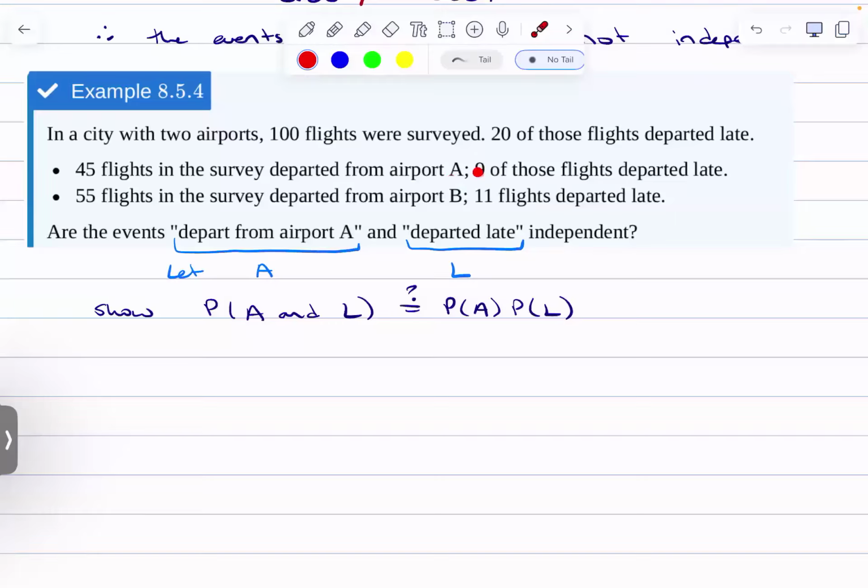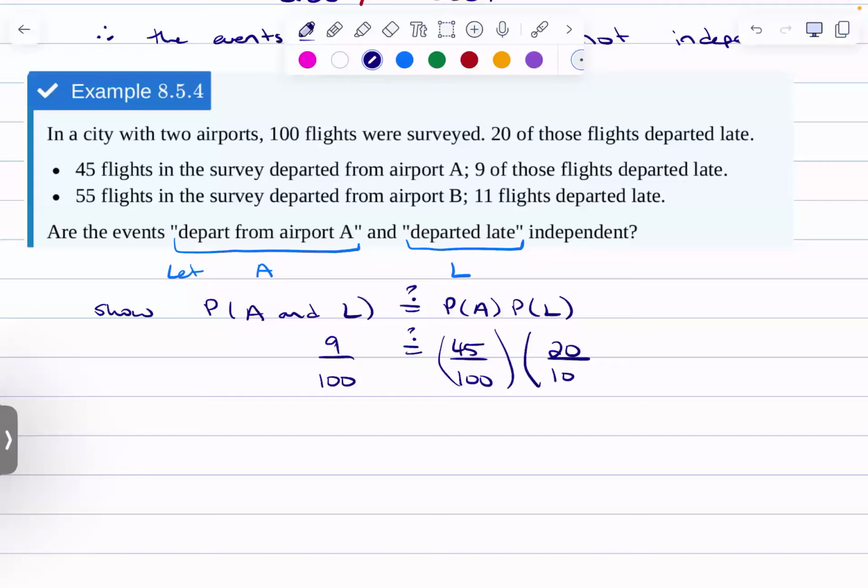And so 9 out of 100 of those flights were A and L. The probability of A is a little bit easier, right? 45 out of the 100 flights departed from airport A. And in general, 20 out of 100 flights were late. Making sure you use some brackets here.